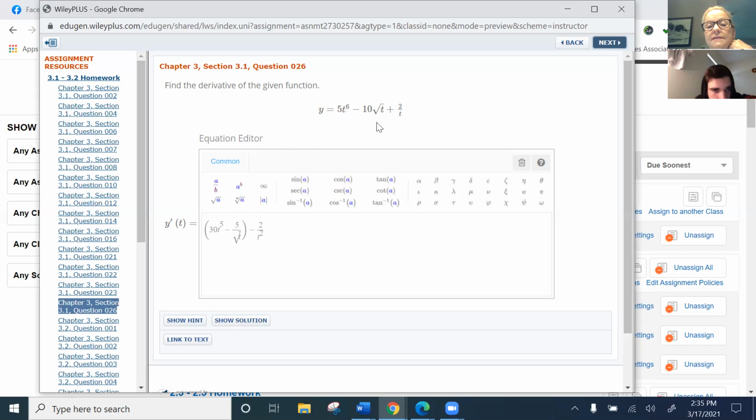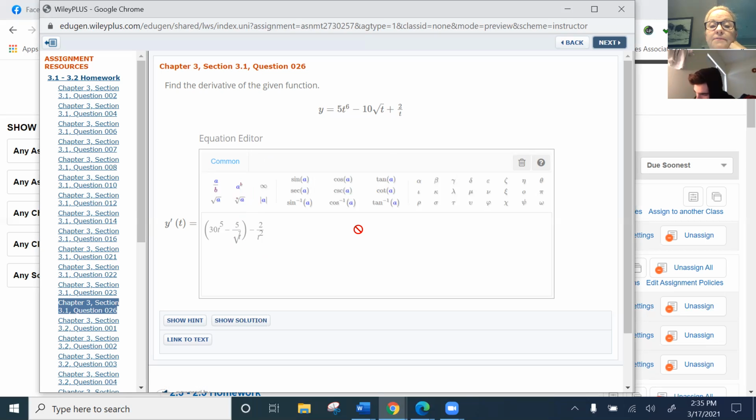This is t to the positive 1/2 power, so it would be 1/2 times t to the negative 1/2 power, right? Yeah. Okay. So you're just completely dropping that negative 10. Well, no, because since this is t to the 1/2 power, if we multiply the 1/2 by 10, that's how we're getting 5 right here.